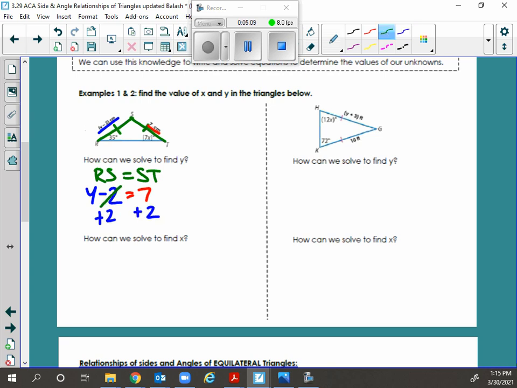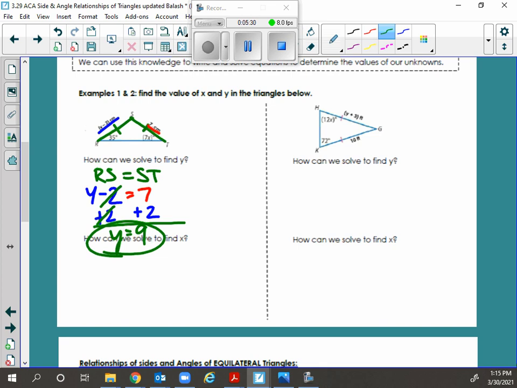These two 2s will cancel out, and we'll be left with y on the left. When I take 7 plus 2, that will give me 9. So the value of y equals 9.